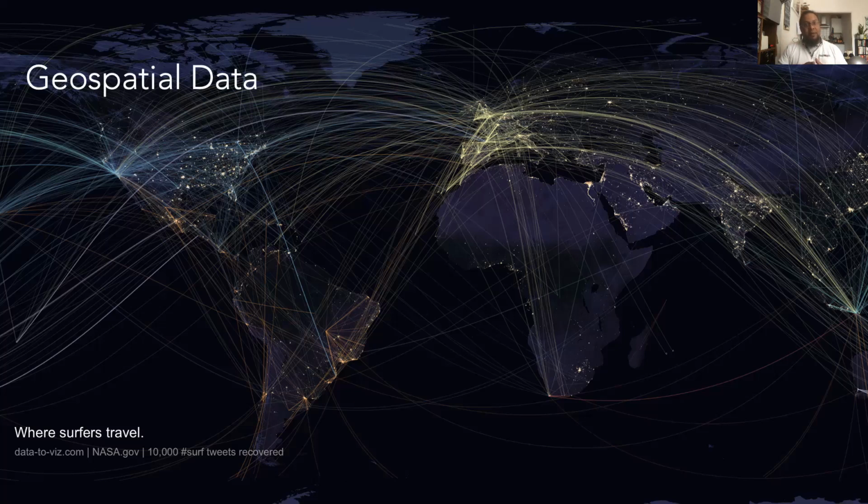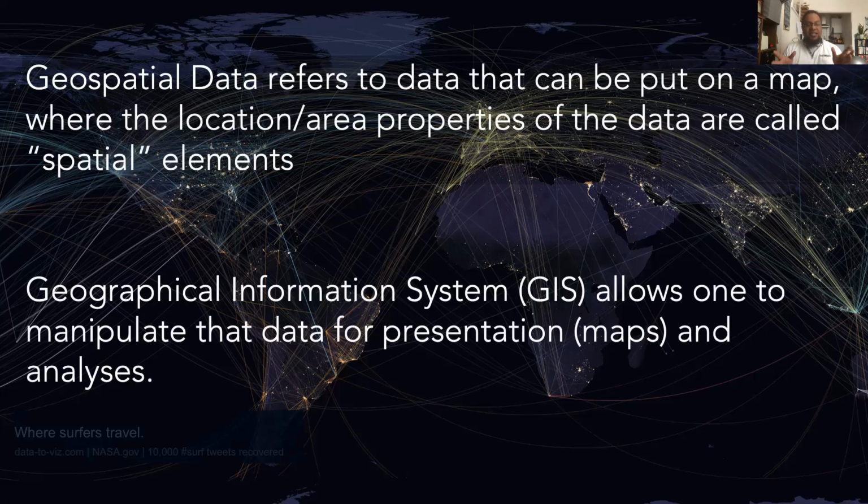It's just a fun map visualization, giving you the idea of what sort of questions you can start asking with geospatial data. Geospatial data just refers to data that can be put on a map. So locations or areas are just extra properties of the data that you have, and these spatial properties are called spatial elements.